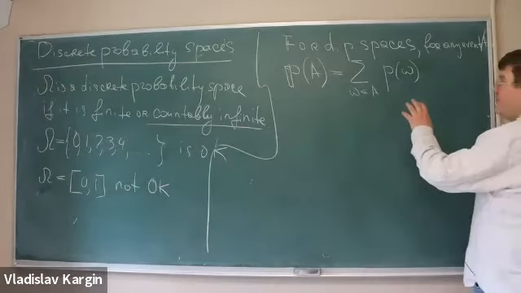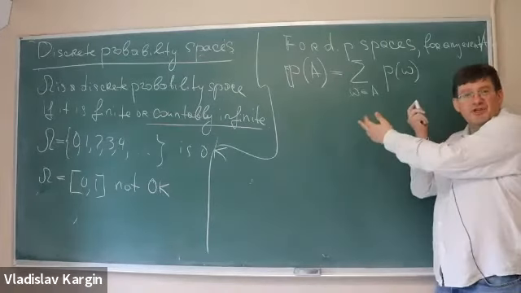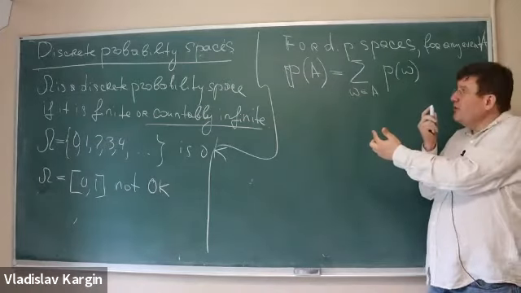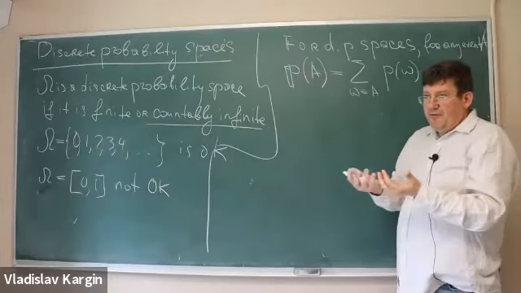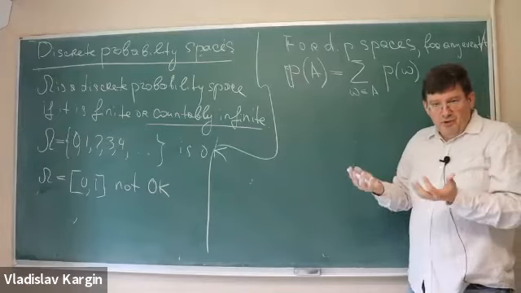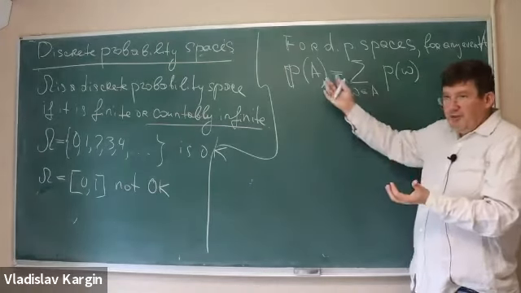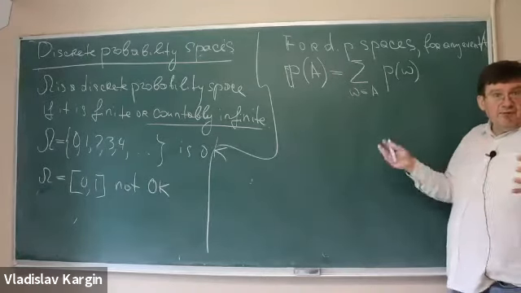And why is this true? I'm saying this, but why is this true? It's just like an axiom. You have the Kolmogorov axiom which says that if you decompose the set A into mutually exclusive pieces and want to calculate the probability of A, then you need to calculate the probability of each piece and sum them together.